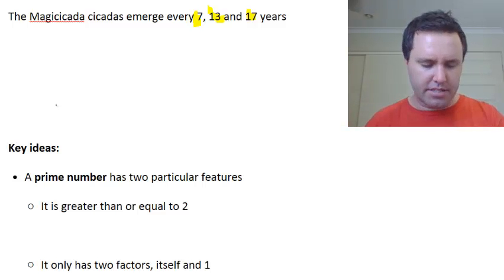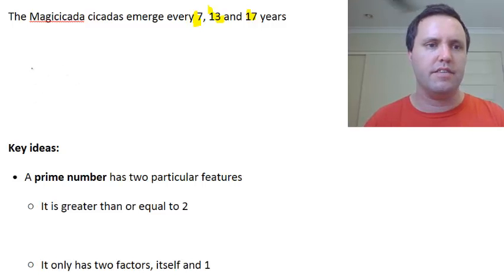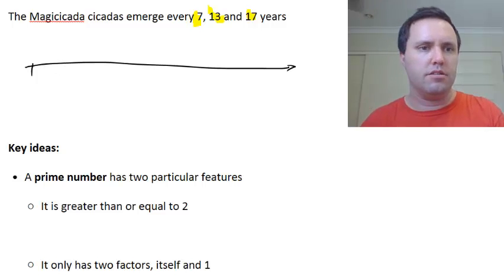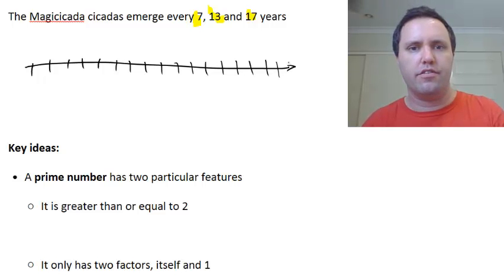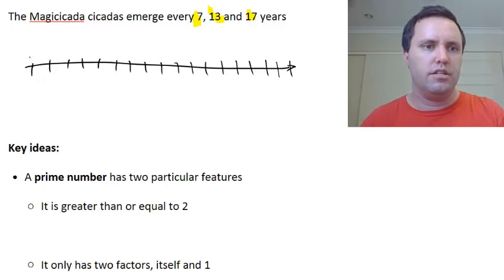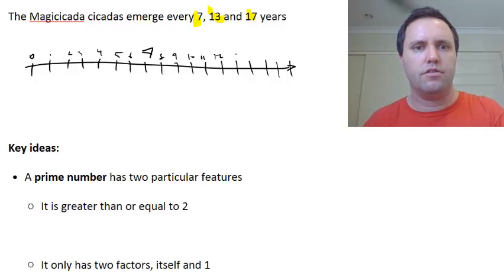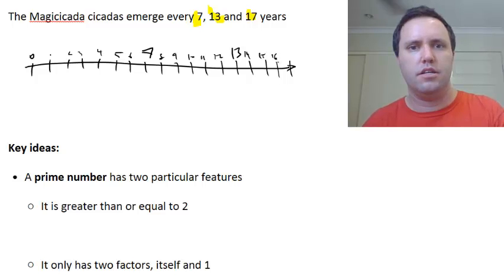The idea is that if they emerge on 7, 13 and 17, let me get my little number line here. So here's your 0, 1, 2, 3, 4, 5, 6, 7, 8, 9, 10, 11, 12, 13, 14, 15, 16, 17.